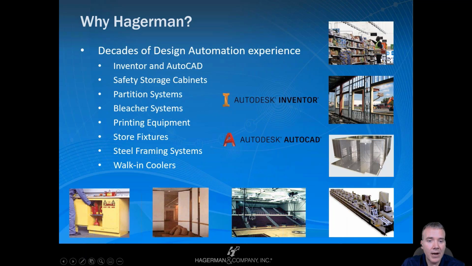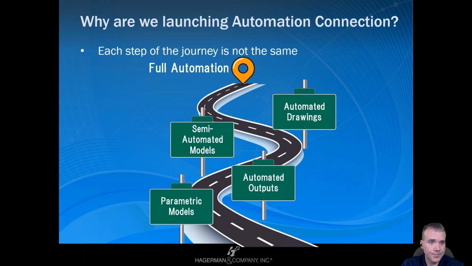How do you automate a wall? How do you automate a cooler? How do you automate printing equipment, right? Whether it's an entire product or part of a product, we've done the gamut. We've seen a lot of projects, and we can help your project be successful.